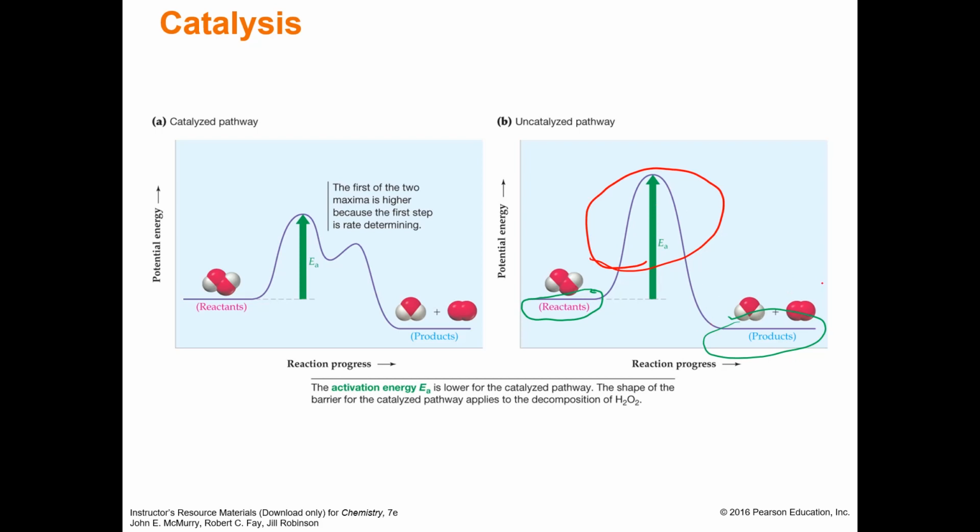So we're not going to get much in terms of products. If we do this the catalyzed pathway, we now have two smaller humps to get over. The first one is a little bit higher because this is the rate determining step, but it's still lower than our activation energy was for an uncatalyzed pathway. So we will get more of the reactants making it over this hump to get to the products.